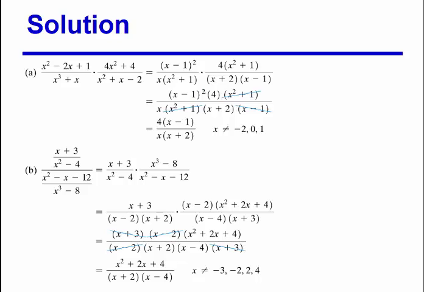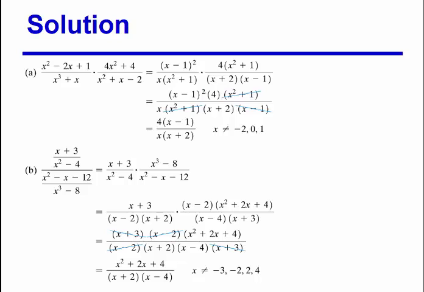So for a, you can see that we can factor the fraction on the left, the rational expression on the left, which factors out to x minus 1 squared over x times x squared plus 1. And then the one on the right factors out to 4 times x squared plus 1, over x plus 2 times x minus 1. So we can cancel out an x minus 1.